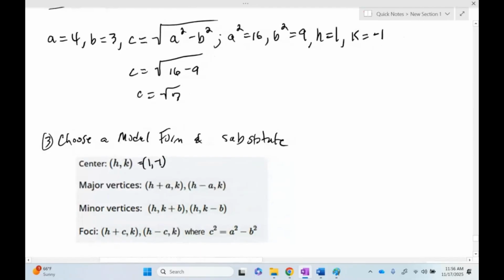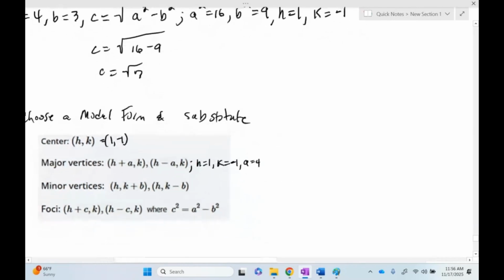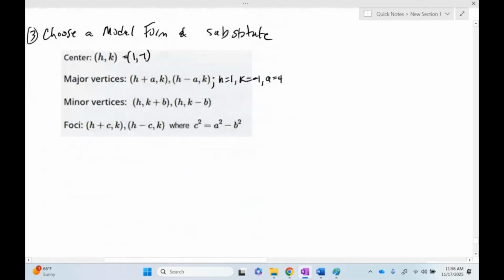To find the major vertices, we're going to use (h plus a, k) and (h minus a, k). In that, I'm going to substitute h for 1, k for -1, and a for 4.